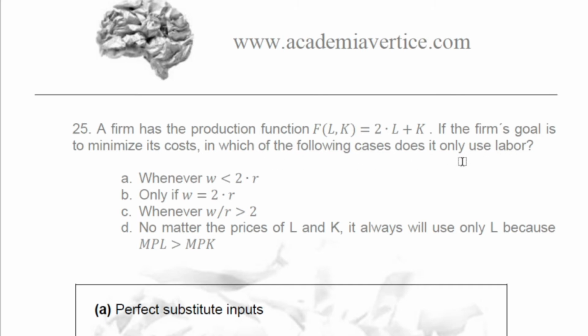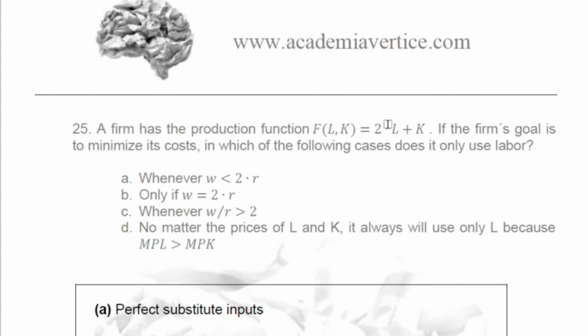Well, this is a very easy question, I hope. You can see that the marginal product of labor is 2, the marginal product of K is 1. So each unit of labor gives 2 extra units of output to the firm, while each extra unit of K gives 1 unit of output to the firm.